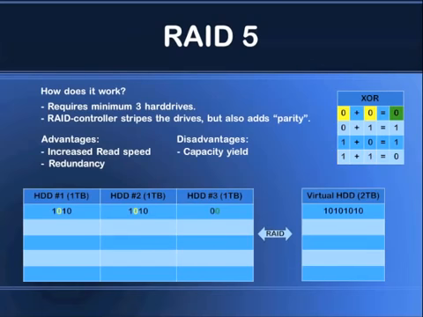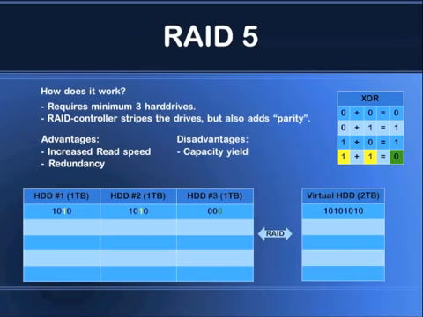When we go to the second bit, we see that on hard drive number 1 the second bit is 0, and on hard drive number 2 the second bit is 0. So according to the table, the second parity bit is then a 0. We go to the third bit: on hard drive number 1 the third bit is 1, on hard drive number 2 the third bit is 1, and according to the table, 1 plus 1 is a parity bit of 0.